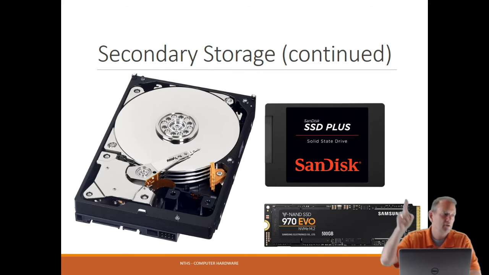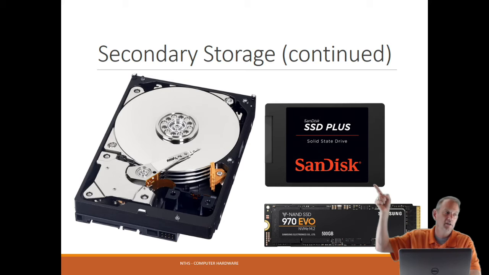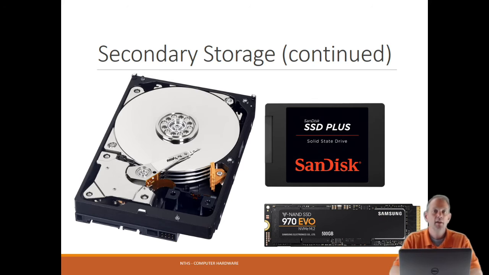And then we have two other newer models, the solid state right here by SanDisk and M.2 solid state right here by Samsung. Those are far faster than a spinning drive, but they're also not as reliable as a spinning drive to an extent. So we can have all these kinds of storage devices inside our computer.